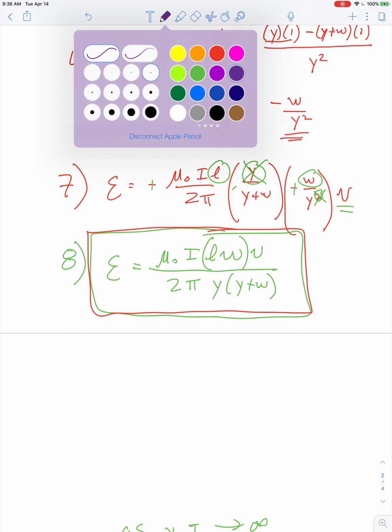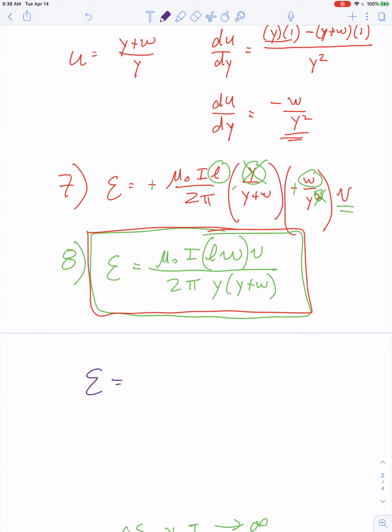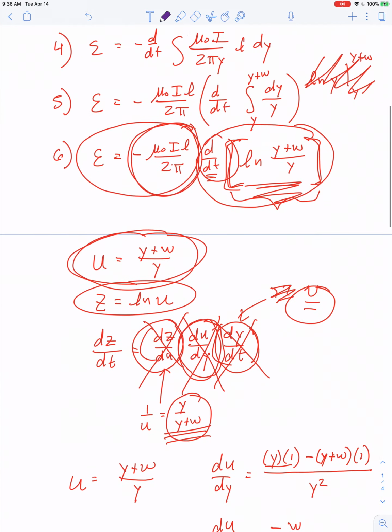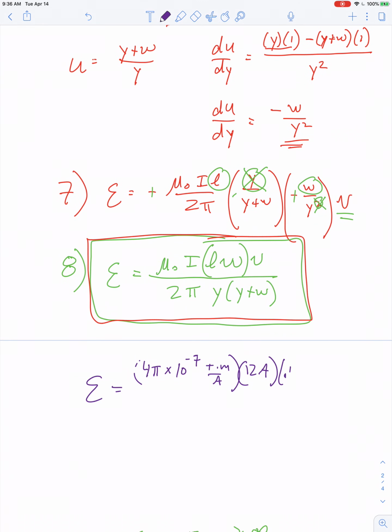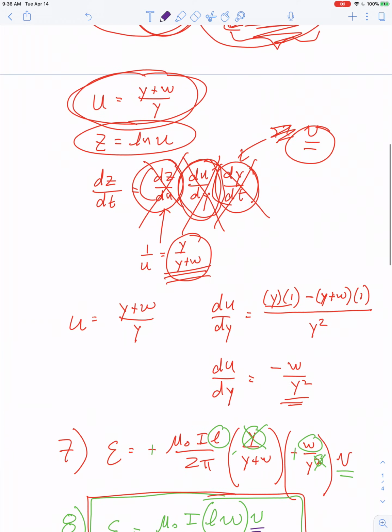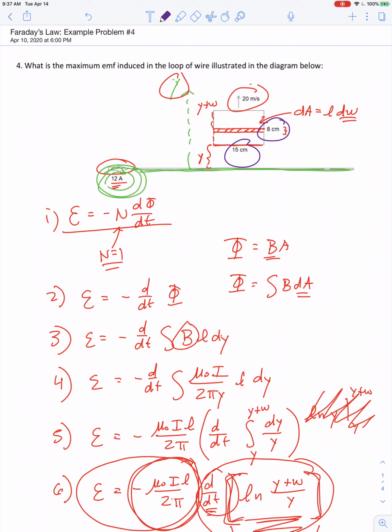The EMF is equal to 4 pi times 10 to the negative 7th tesla meter per amp times 12 amps times, let's see, what was our length and width? 15 centimeter by 8 centimeter, 0.15 meter, 0.08 meter, times velocity, 20 meters per second, divided by 2 pi times... what's the maximum EMF induced?